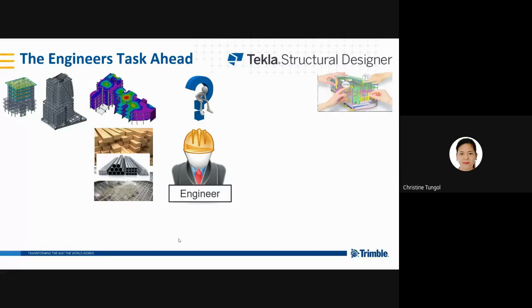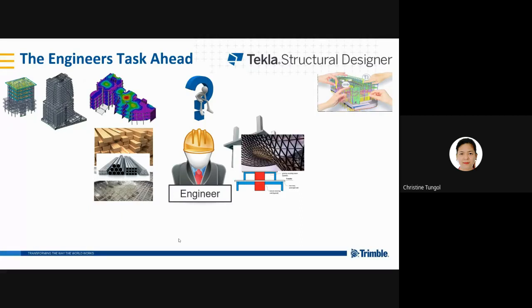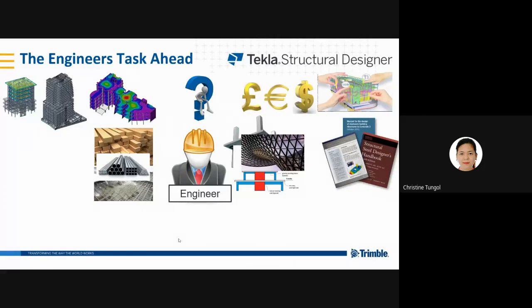We also consider which materials to design and construct with and what type of construction methodology to adopt. And we consider if our design is code compliant, always considering the commercial implications.